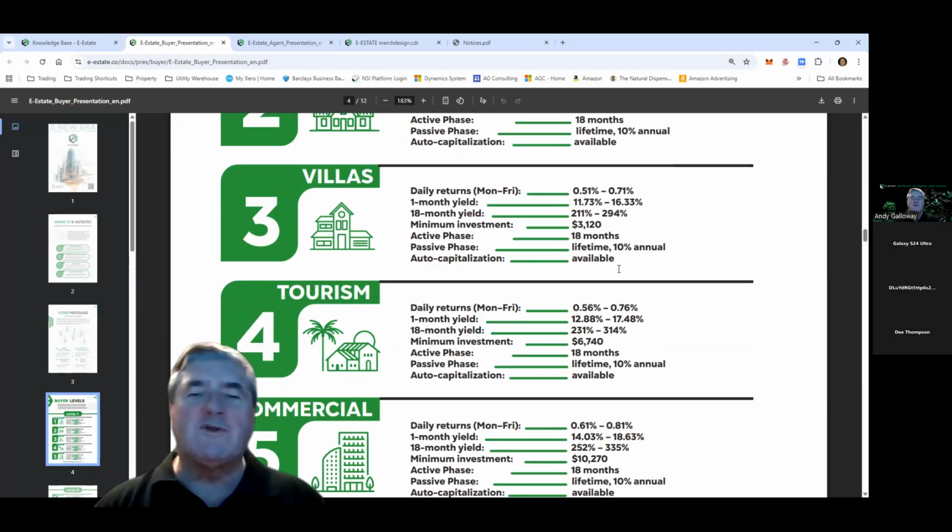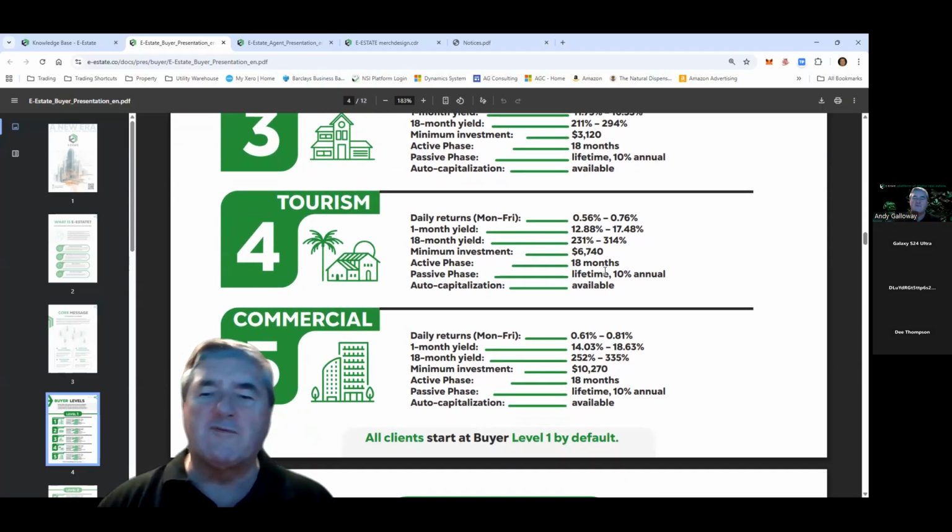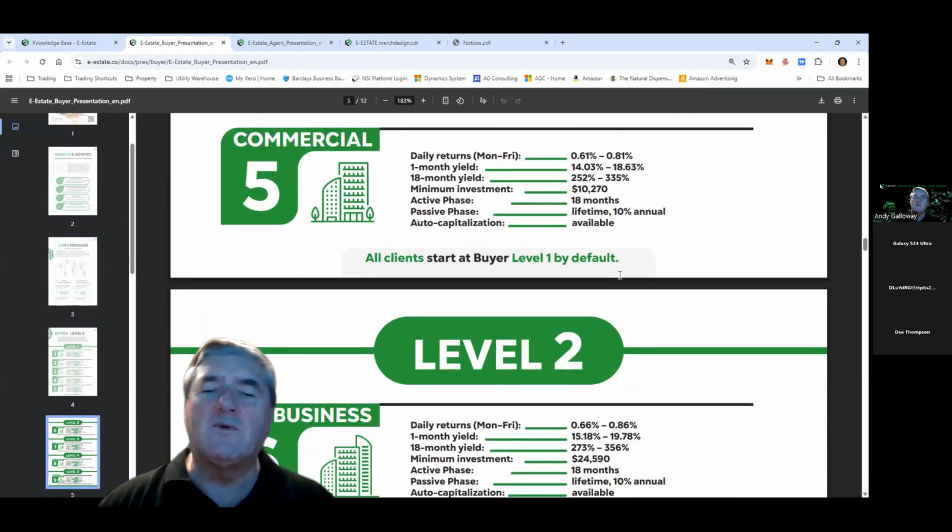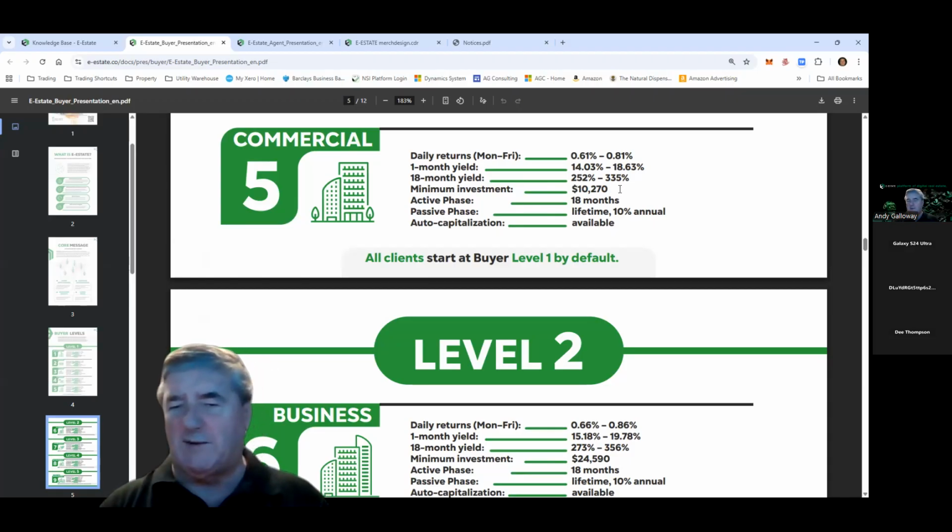But the structure of the deal is exactly the same. With tourism properties, again, higher investment, higher yield, and commercial properties. So they're the 5 different properties you can buy as a buyer straight off the bat, up to 10,270. Now, if you want to put more money into any of these, you can. I'm just talking about the minimum amounts.